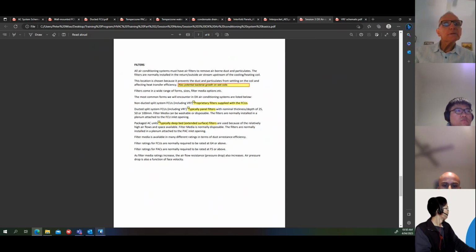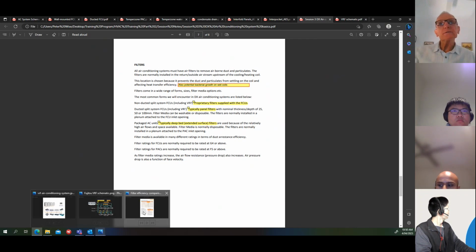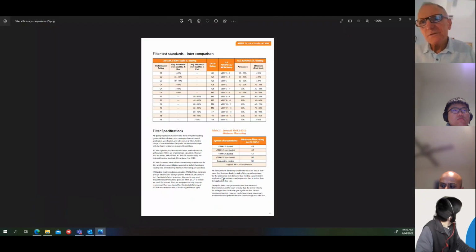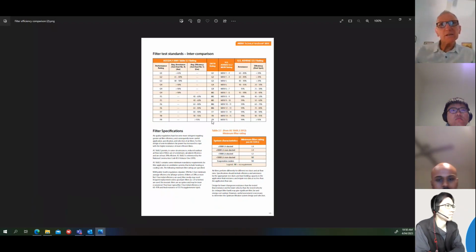Now in the Air Technical Handbook, this is the 5th edition, page 175, this gives a comparison between filter ratings. Sometimes if you look at a filter supplier's data, they might say it's an M6. What does that mean?